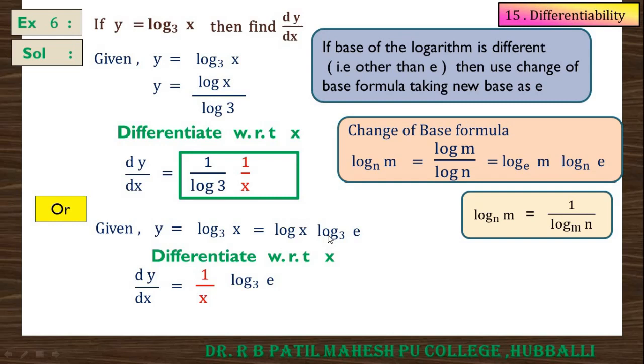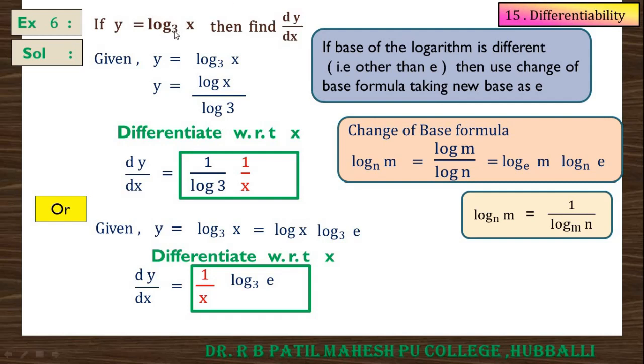Now remember, students, whenever I give you an example of this type, where you have log of the function or log x and the base is different, it is very easy to write the derivative answer directly.